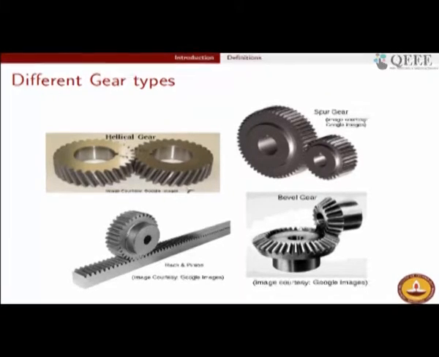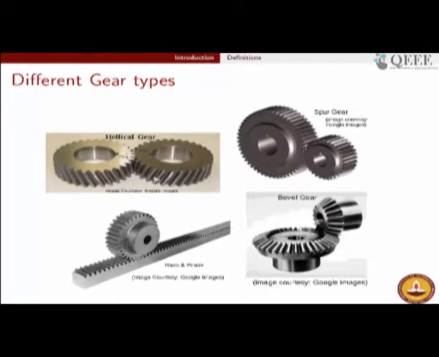The other type of gear, as I was mentioning, is the helical gear. Please note the teeth of the spur gear are in alignment with the axis of the gear itself; the shaft axis and the tooth direction are along the same direction.